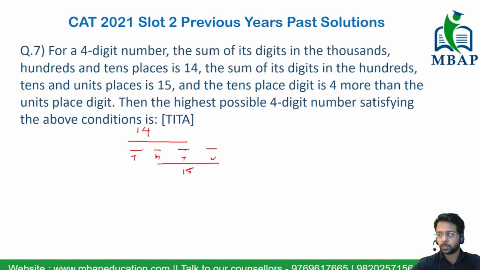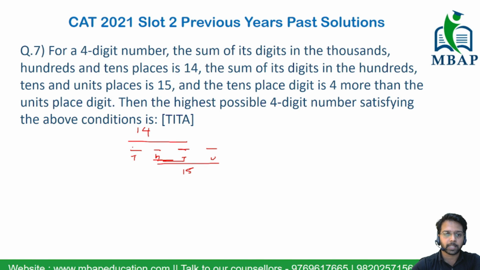If you read the first 2 points, you will understand that the hundreds and tens digits are common in both expressions. So it's obvious that the difference between the units digit and the thousands digit will be 1, because the sum is increasing from 14 to 15. It's increasing by 1.